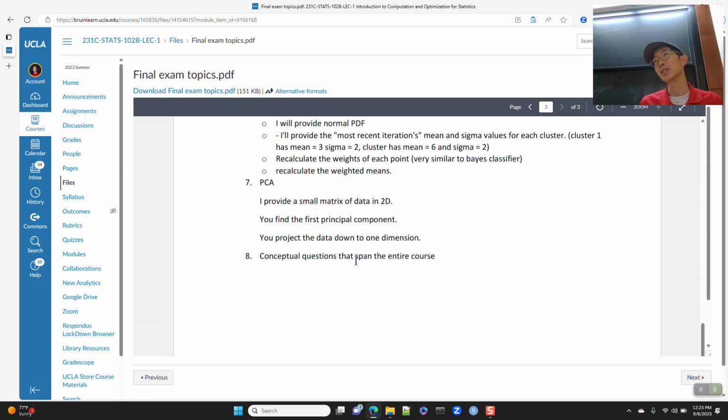And your answer would be lasso, because lasso can reduce coefficients down to 0, whereas ridge regression doesn't actually reduce them down to 0. It shrinks them, but it doesn't reduce them down to 0. Stuff like that, okay? So conceptual topics there. Okay, any questions on what would be expected for the final exam?